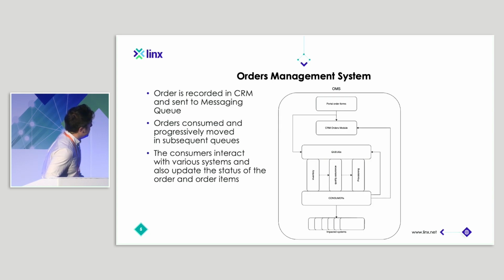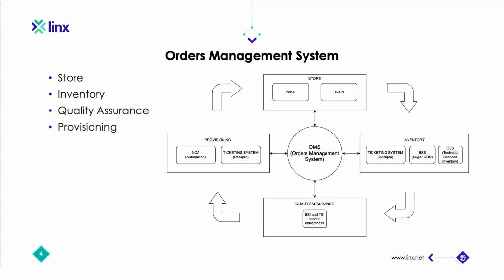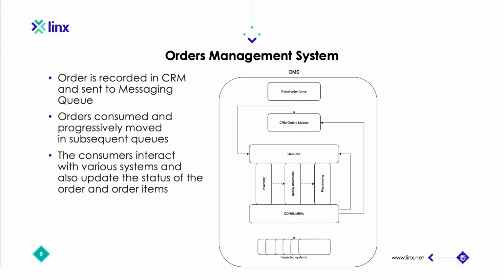But in more detail, you have here a graph. I don't know how much you can see. Actually, I don't know if you can point. Yes. So the main core of the order management system, which you can see in the previous one as the glue in between all the stages, is this part here, which is a messaging queue with different queues named after different stages: the inventory, quality assurance, and provisioning.